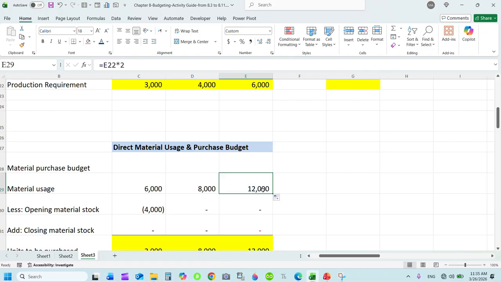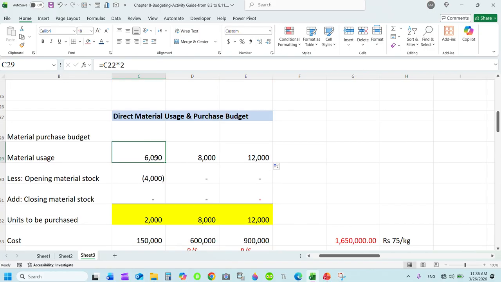We need 12,000 kilograms just to meet March production requirement. But in addition, similar to the way we thought when it comes to the production budget, you can't simply purchase this many raw materials. Why?